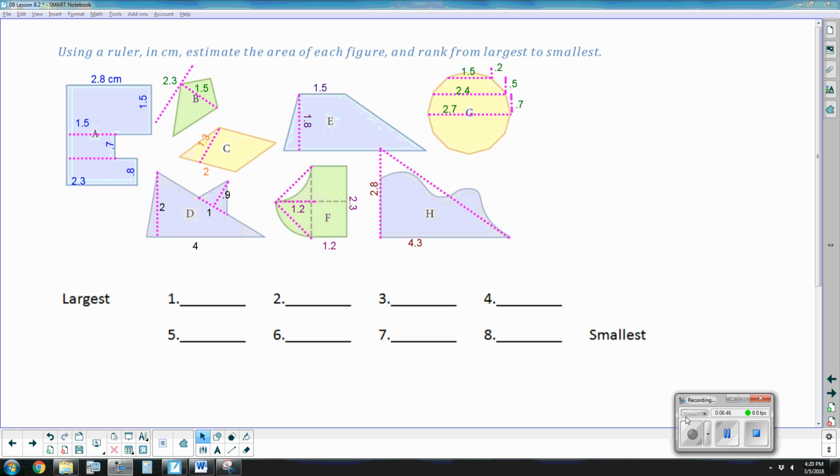So here are my measurements that I used for my polygons. Again, I got 3 rectangles, a kite, C is a parallelogram, D is 2 triangles, F is a triangle and a rectangle, E is a trapezoid, H is a triangle, and G, I'm looking at a triangle and 2 trapezoids, and then I'm going to double it to get the bottom, which is another 2 trapezoids and another triangle.